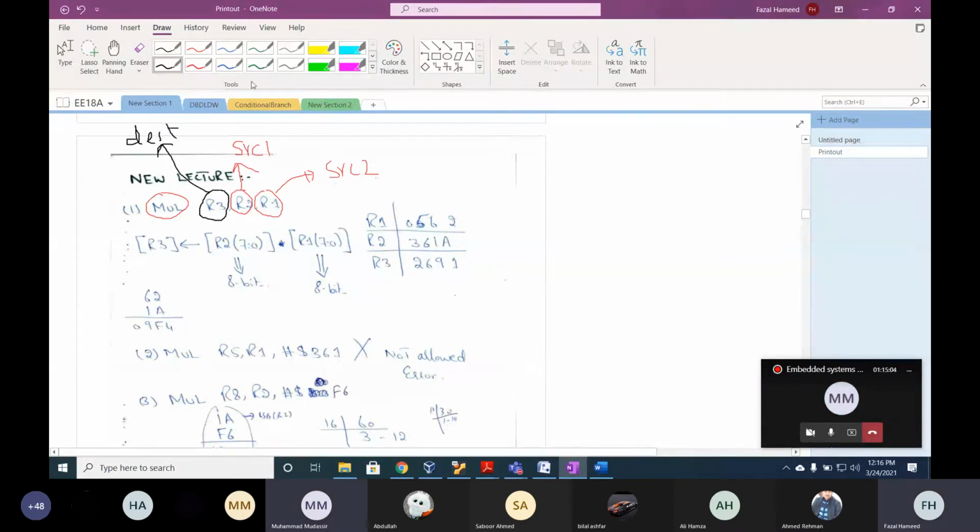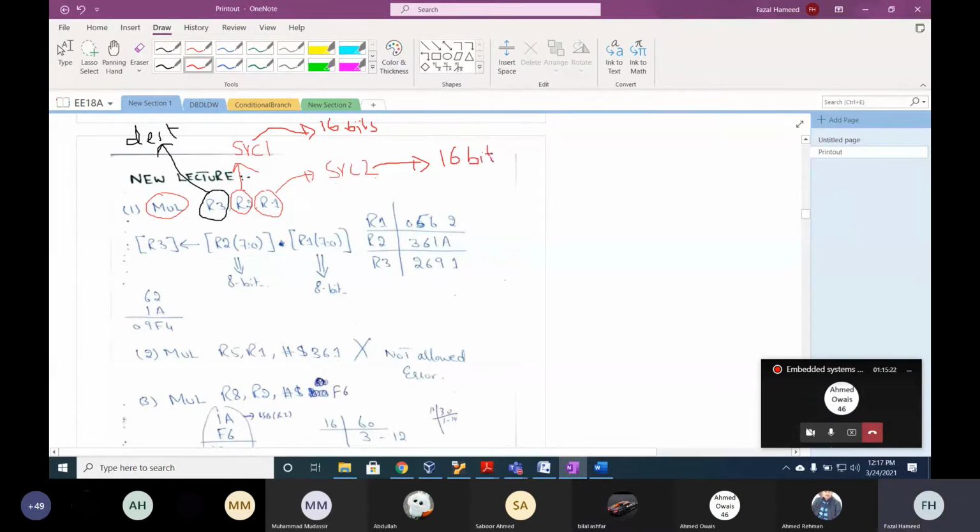Now, if you look at source 1, what is the size of source 1? If you remember, what is the size of source 2? 16 bits.